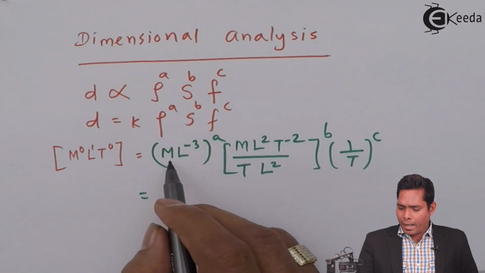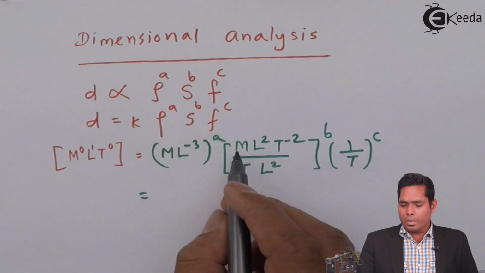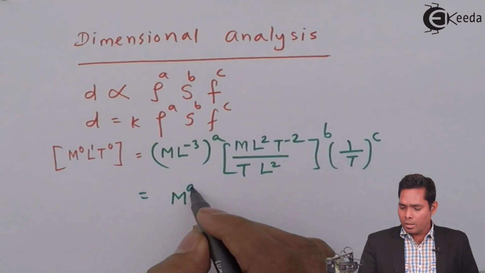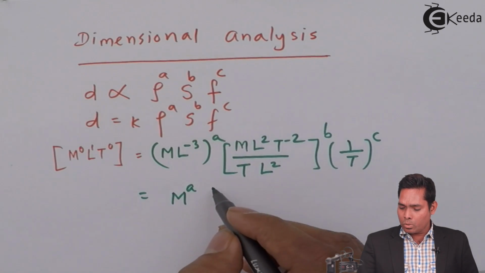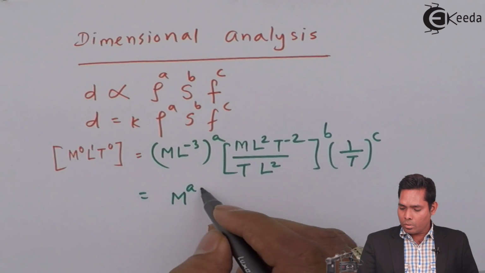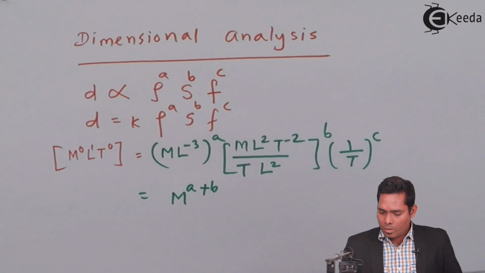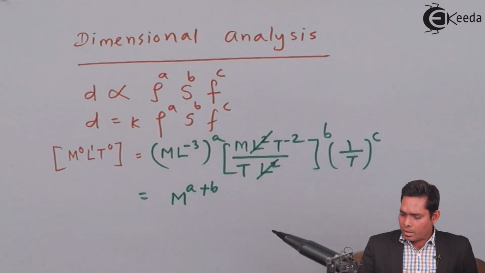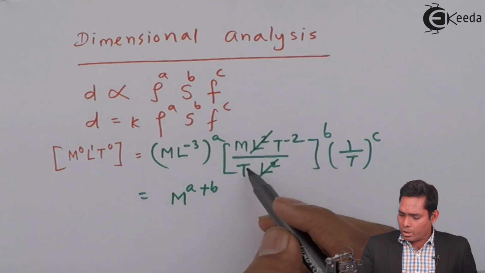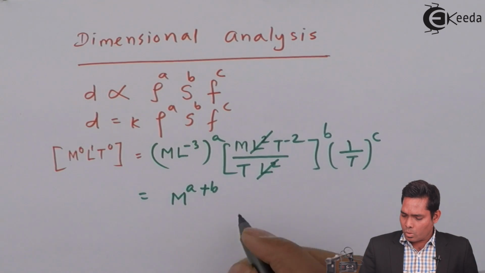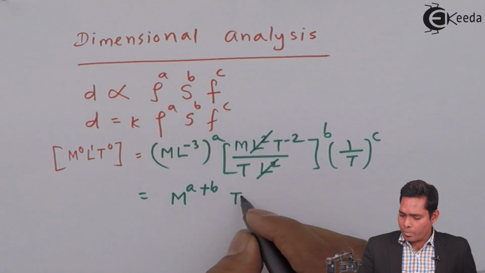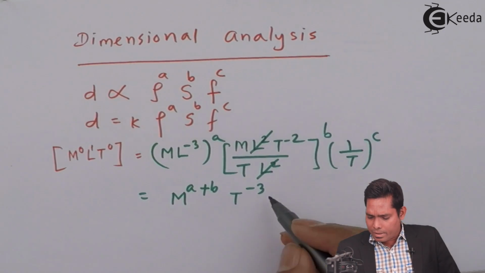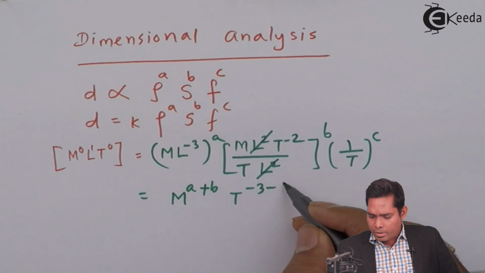If I write similar quantities together, M is raised to a, and here M is raised to b, so it is a plus b. The L^2 will cancel out here, and this is T raised to minus 3, and T raised to minus c here.